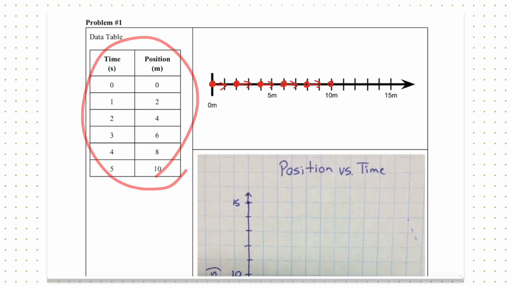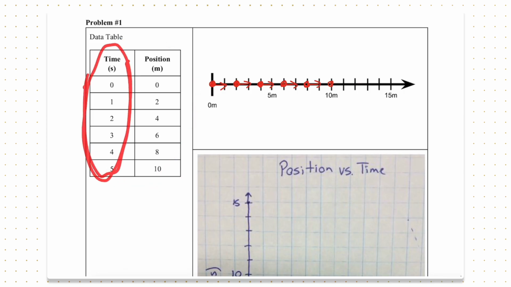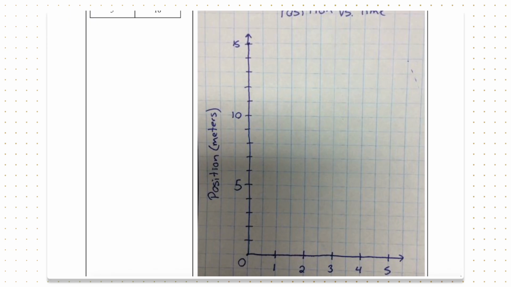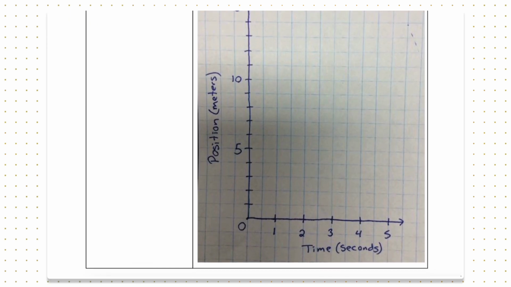Okay, so here, this is our independent variable, so that's going to be along the x-axis. And position is going to be along the y-axis. So we're just going to go right over here and do the same thing, right?